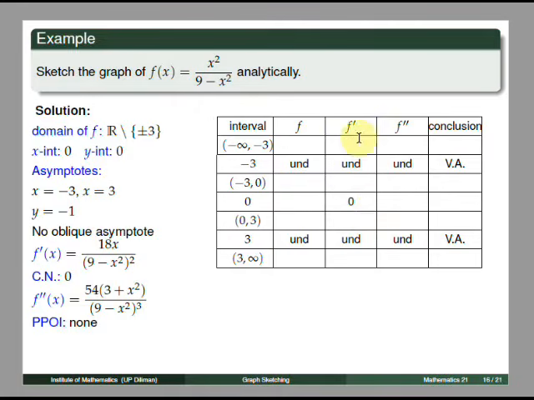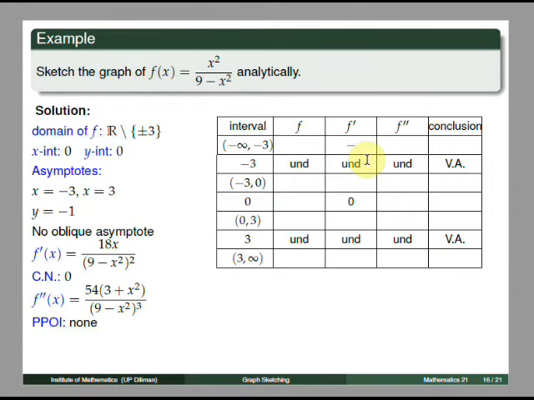And again, to get the signs at each interval, all we need to do is to substitute a number into f prime in those intervals. Note that for f prime, again, the denominator is always positive, so we only need to check the sign of the numerator. For example, in the interval negative infinity to negative 3, we can take x equals negative 4, substitute here, since 18x at x equals negative 4 is negative, therefore the sign is negative.